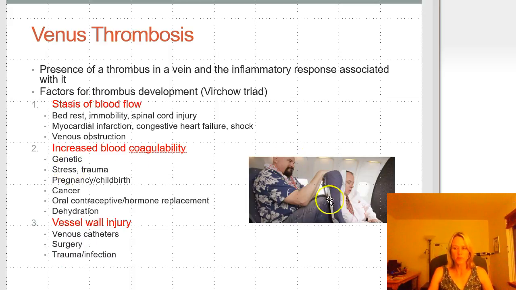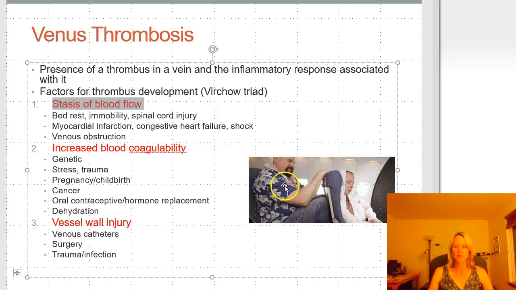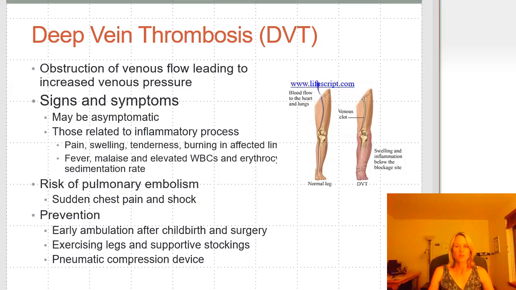I put this picture of this guy in this airplane. Immobility or stasis of blood flow here. On long airplane flights it is important to exercise those calf muscles to try and prevent stasis of blood flow in those veins of the legs. So one of the risks of venous thrombosis is a pulmonary embolus.